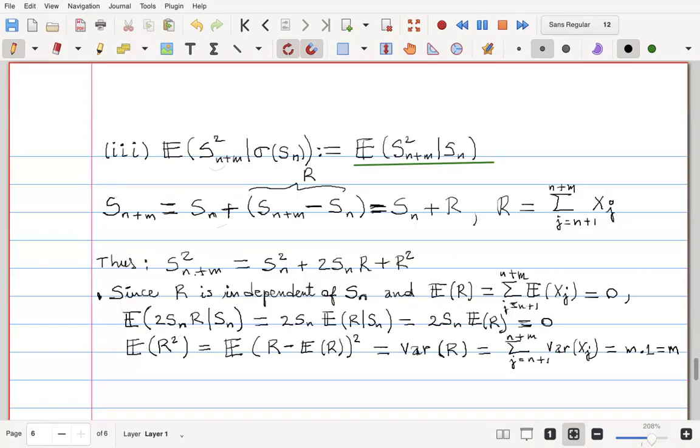So now if you substitute this expression of S_{n+m} squared and perform the conditional expectation, we use the linearity of the conditional expectation, right? We will be left with the conditional expectation of this given S_n and this given S_n, which is exactly this m.